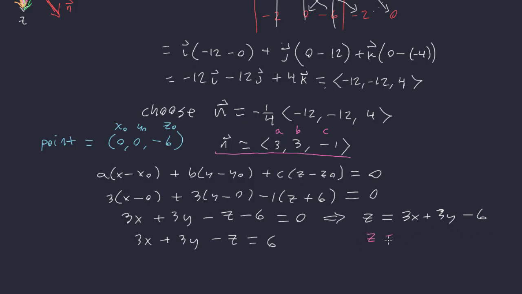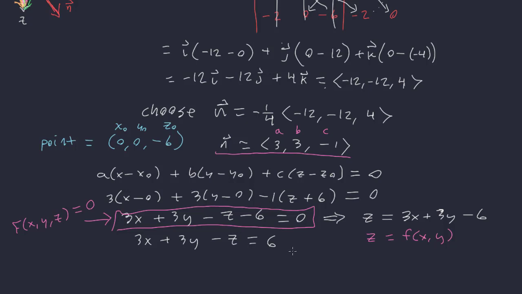Here is a z equals f of xy. Okay, so this is the function version of this surface, whereas here, this is the version that's capital F of x, y, z equals 0.